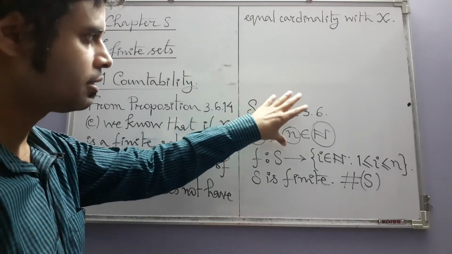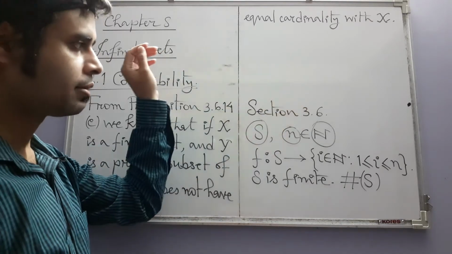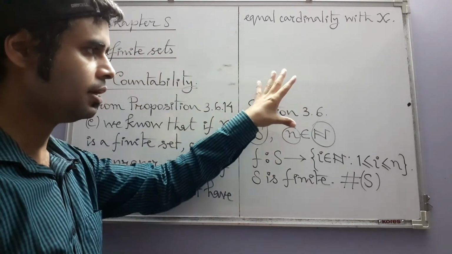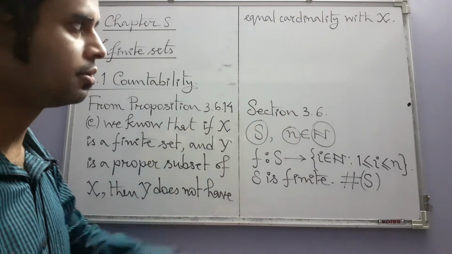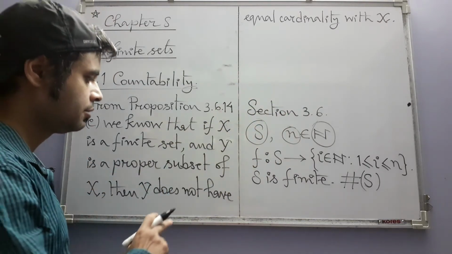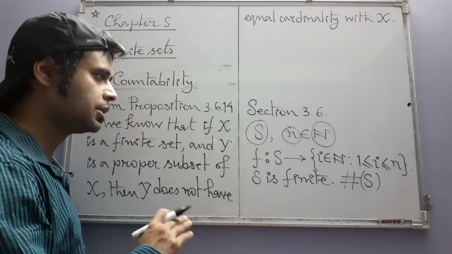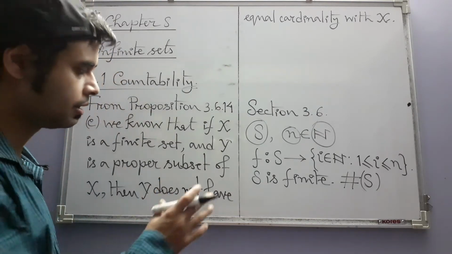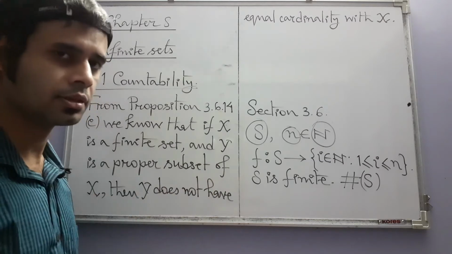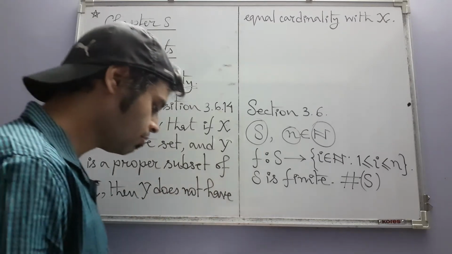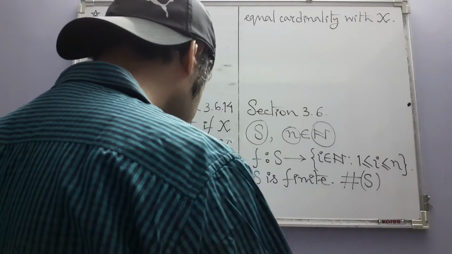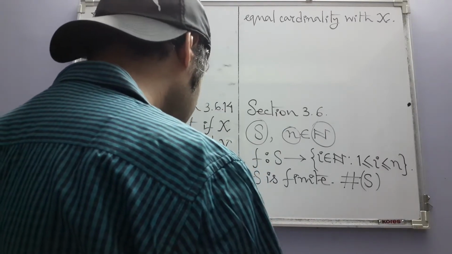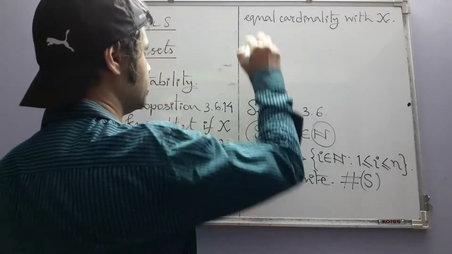Then the cardinality of the proper subset under no circumstance will be equal to the cardinality of the original larger set. However, this is not the case with infinite sets. So there a difference arises, and we are going to look at this difference first of all. However, in this very next line, this is not the case for infinite sets.